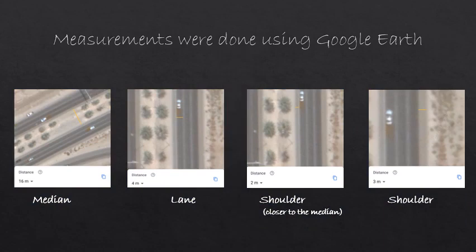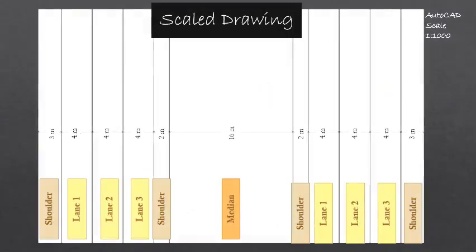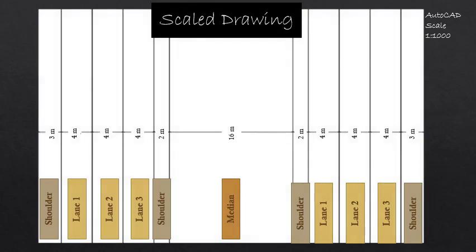We had to obtain measurements of the median, lanes, and shoulders. For that, we used Google Earth just because it's more convenient than using an old method. Using data collected earlier, and with the help of AutoCAD, we were able to turn the actual highway into a scale drawing.